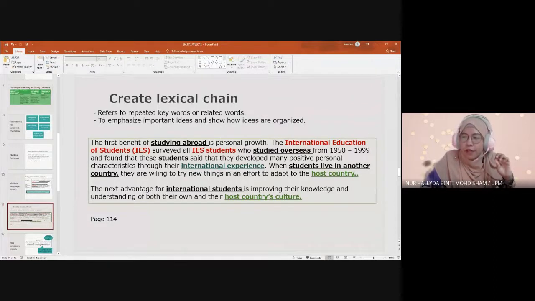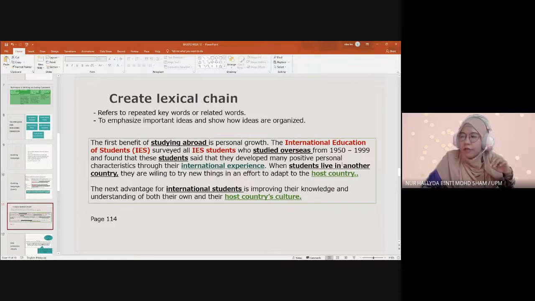So if you look at this paragraph, the topic is about studying abroad. The first benefit of studying abroad is personal growth. The International Education of Students surveyed all IES students who studied overseas from 1950 to 1999 and found that these students said that they developed many positive personal characteristics through their international experience.